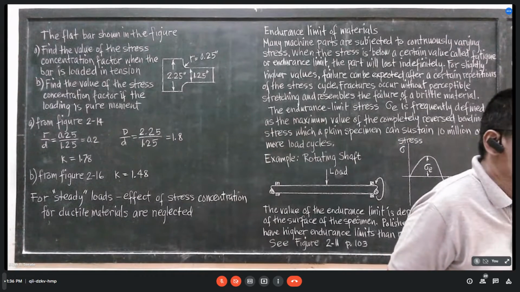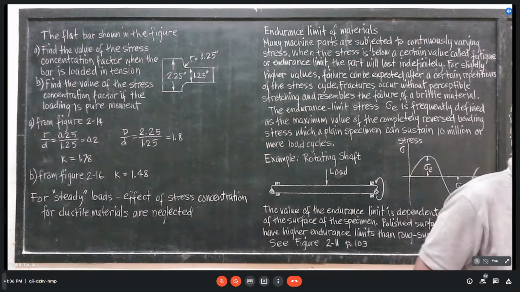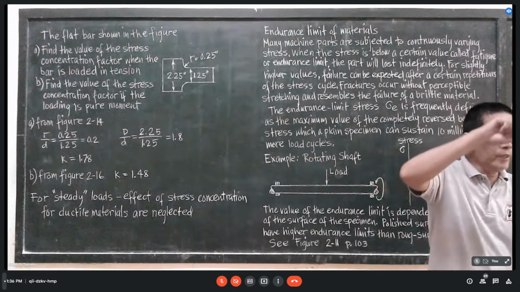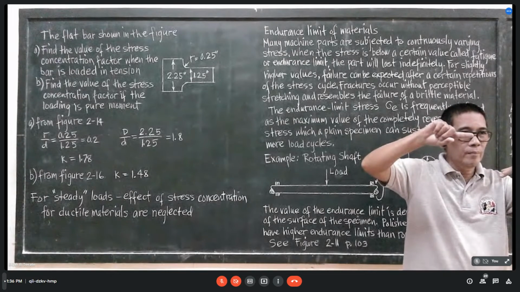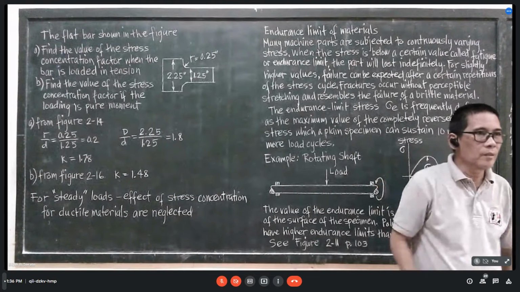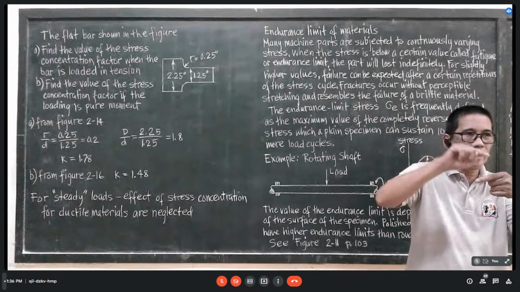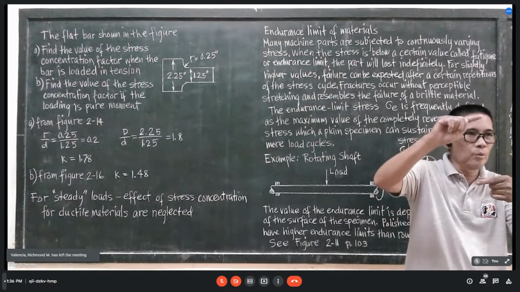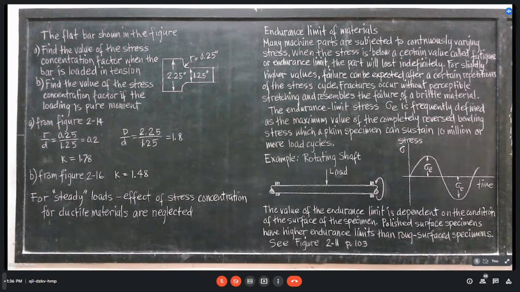You divide it by 5: 1.5, 1.6, 1.7, 1.8, 1.9, 2. So you approximately divide it by 5, then you can approximately get that value.